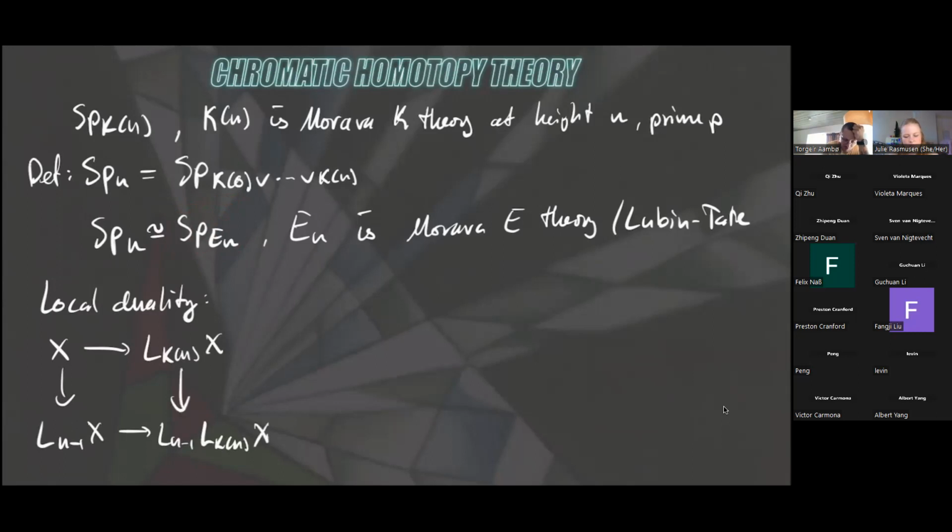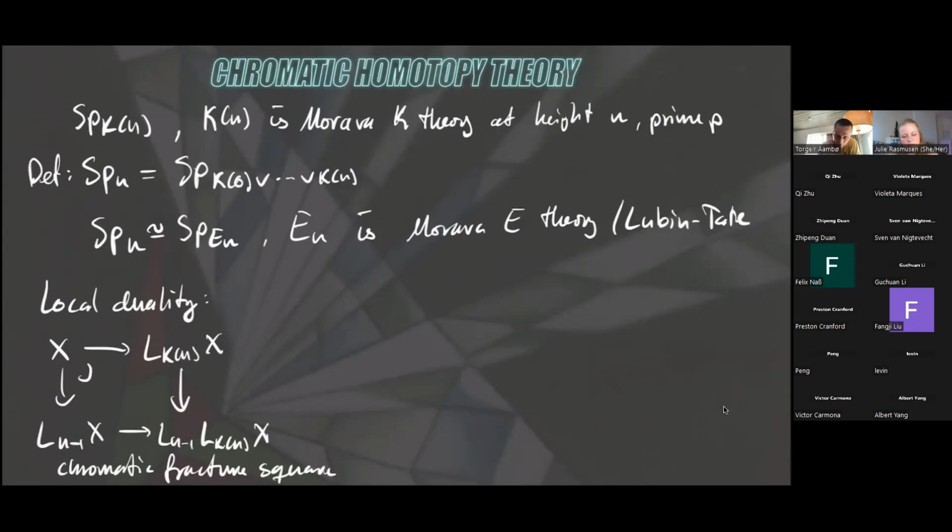And the statement is that this is a homotopy pullback square. So you can take this information that's ingrained in this diagram. This is called a chromatic fracture square. And it works for any E_n-local spectrum.